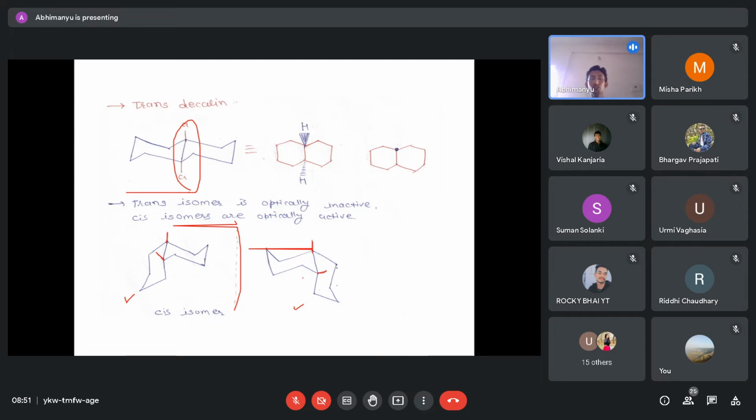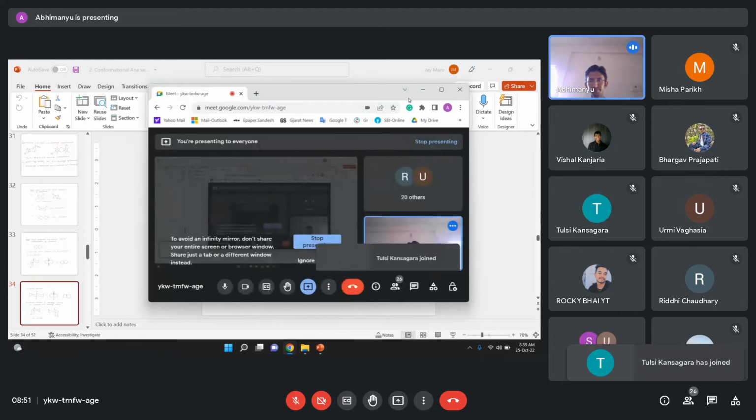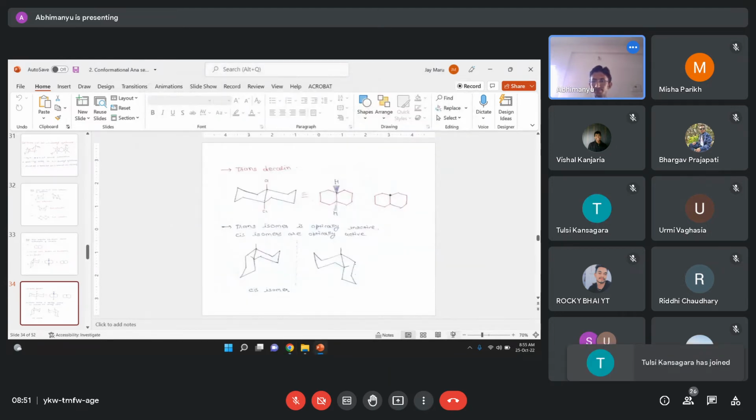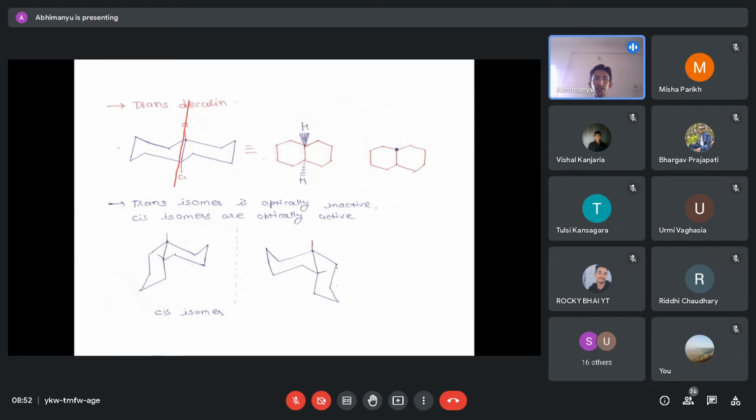But the trans isomer is totally symmetrical, and hence the trans isomer is stereo inactive, in other words, optically inactive.